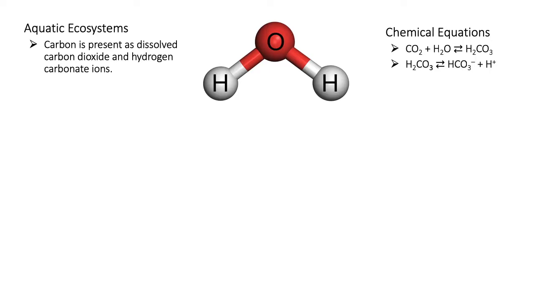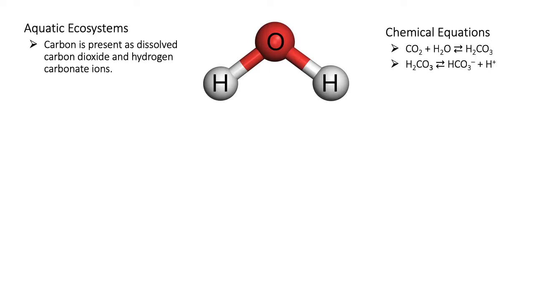So what essentially happens is you have carbon dioxide as a gas which mixes with water and therefore forms carbonic acid. Now, carbonic acid can dissociate to form hydrogen and hydrogen carbonate ions. So H2CO3 can then dissociate into HCO3- and hydrogen ions.